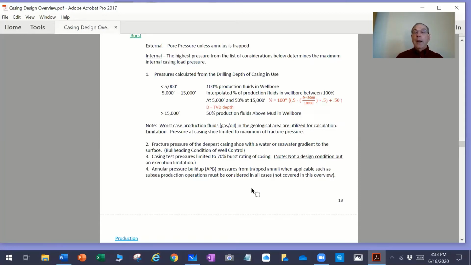So if you have trapped annuli that are isolated and you have no ability to bleed off pressures, like a subsea well, you have to predict what the pressures are going to be in the planning of the well, and then choose casing strengths that comply with the annular pressure buildup that you could have based on the temperature effects in drilling a well. But that's out of the scope of this overview.